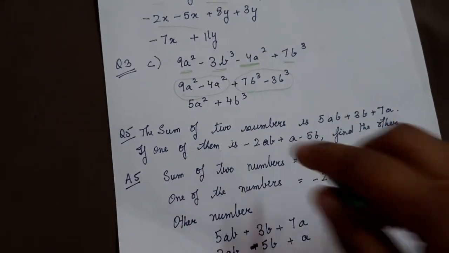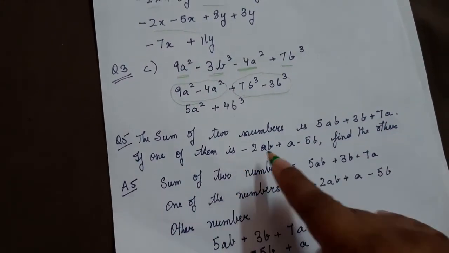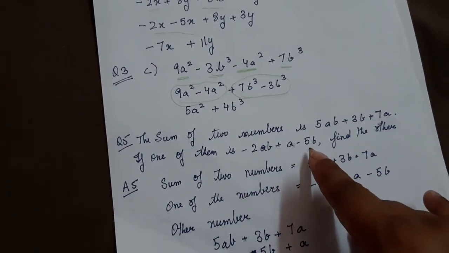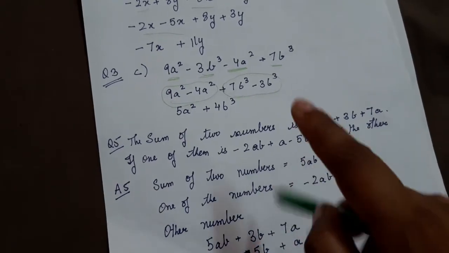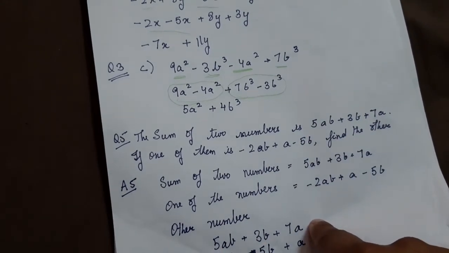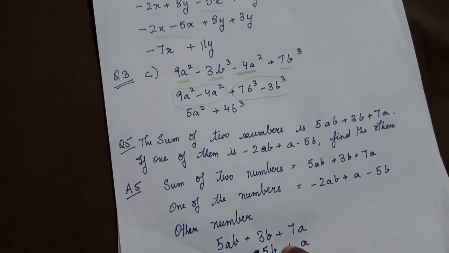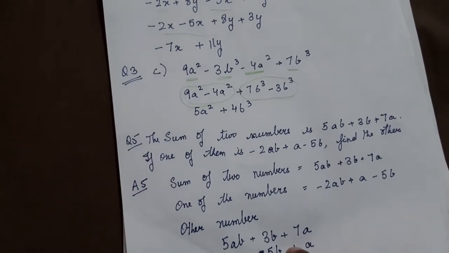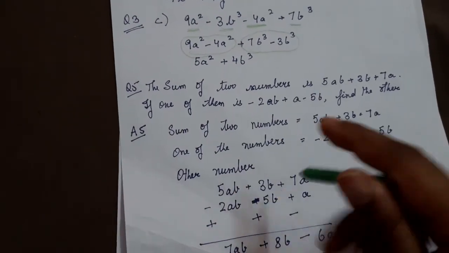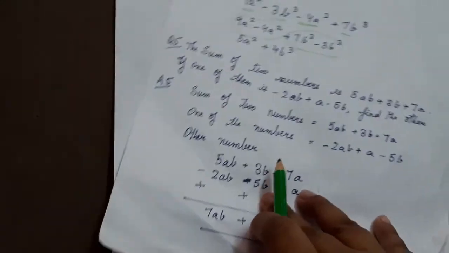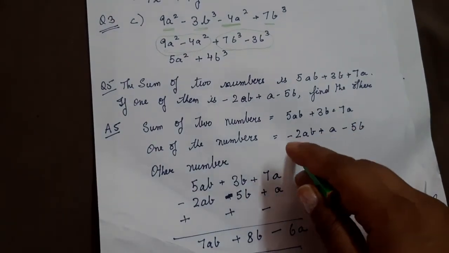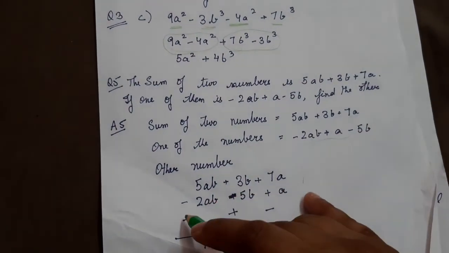The sum of two numbers is given to us. If one of them is minus 2ab plus a minus 5b, find the other. The sum of two numbers is given, and out of those numbers one number is given. In this case we always subtract. But from which number do we have to subtract? From the sum we have to subtract the given number. So we'll change the sign.